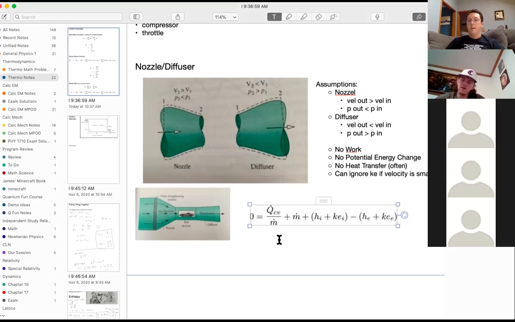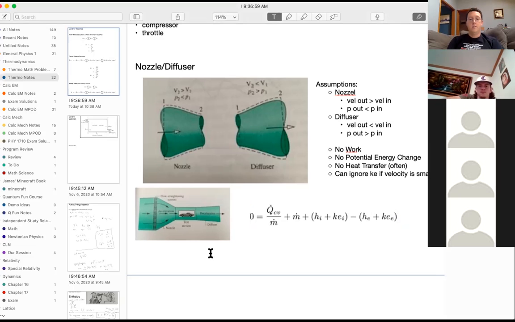All right. Best case scenario, we have no heat and we have no kinetic energy. And so we're just going to get that H in equals H out.